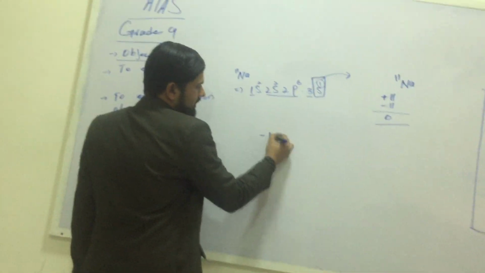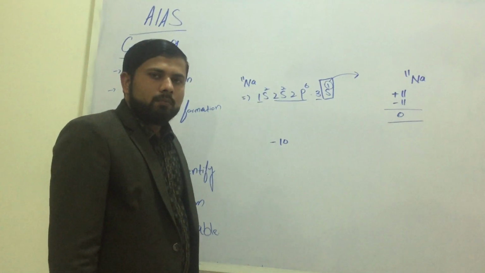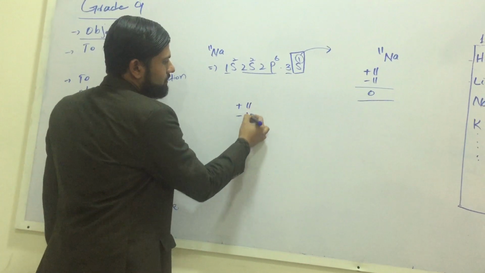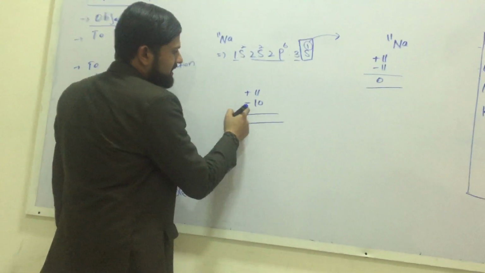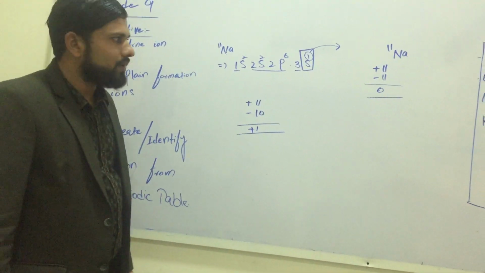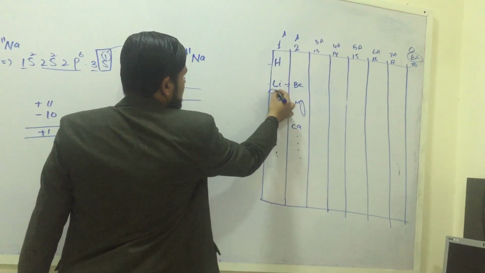The electrons are negative 10. But my question is, how about the number of protons? Yes, the protons will be the same. The answer is plus 11 and minus 10, so plus 1. This is the main reason for sodium to be positively charged. Okay, so sodium is positively charged.